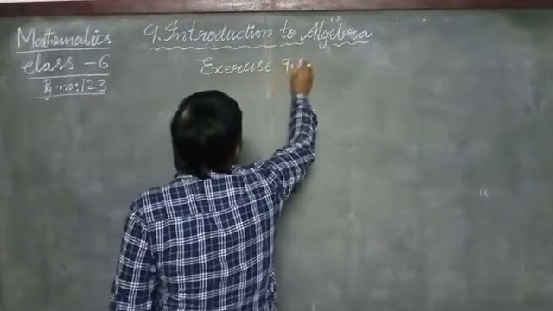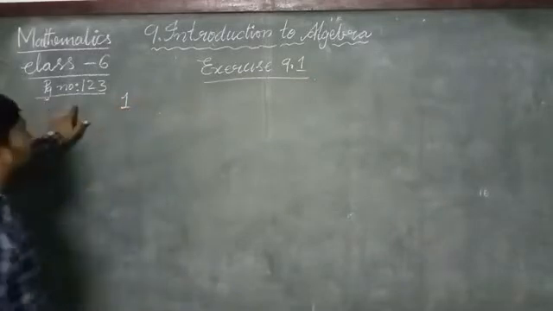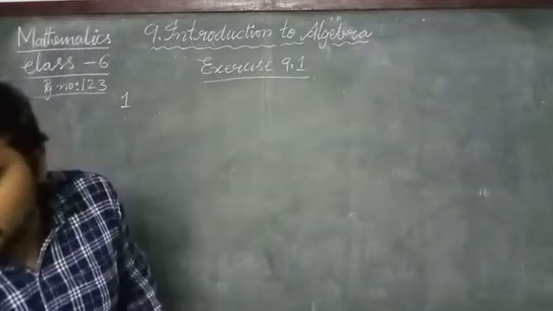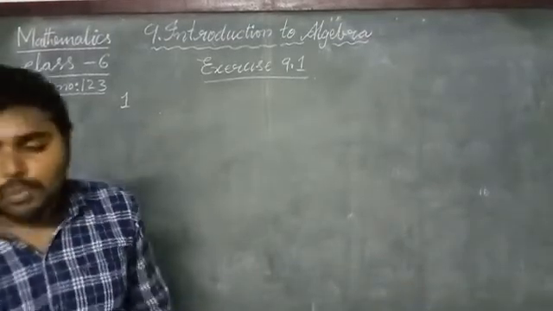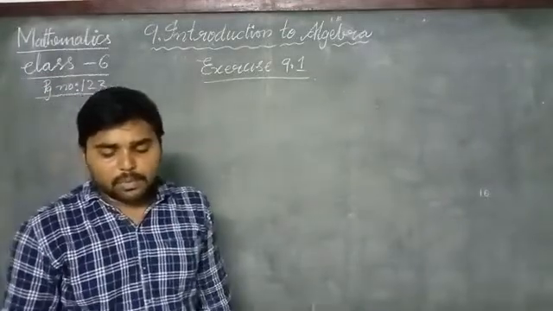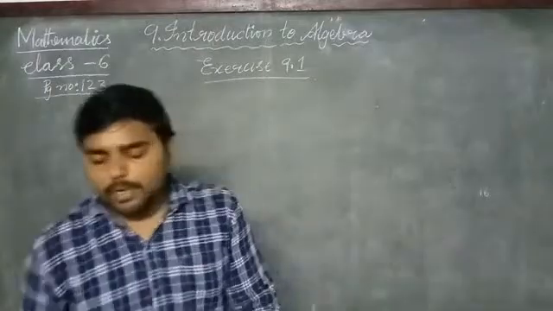Exercise 9.1. The first one on page number 123, exercise 9.1, first problem. Okay, the first problem is: find the rule which gives the number of matchsticks required to make the following patterns.